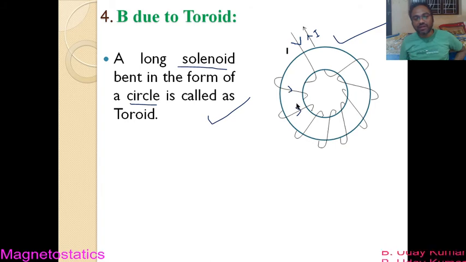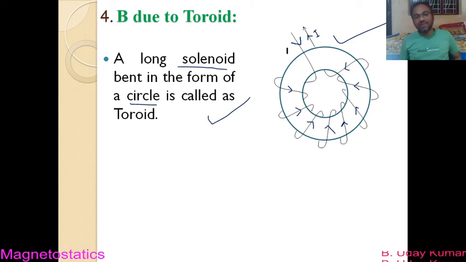Like that the current flows through the toroid, even flowing in upward direction on the front face, and finally it moves out of the solenoid.